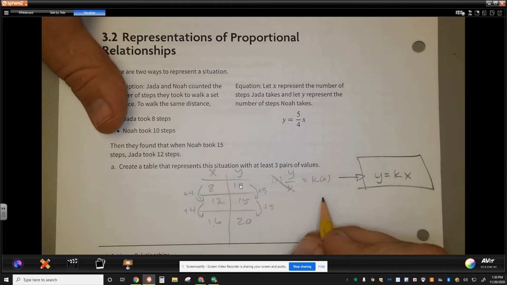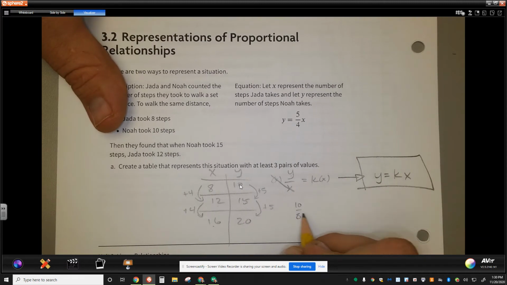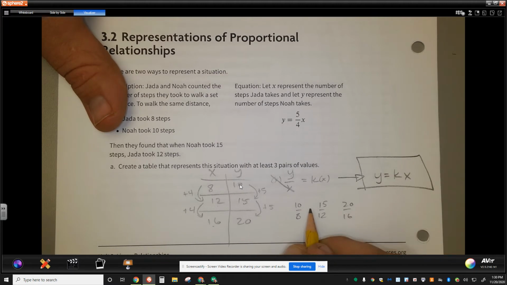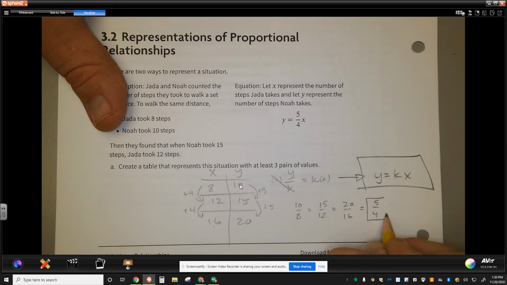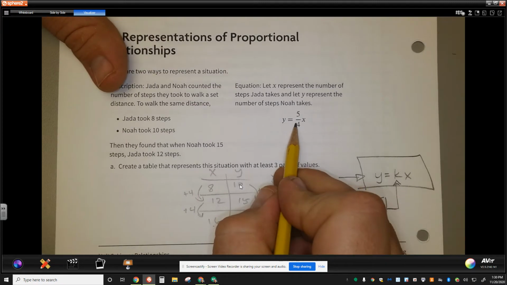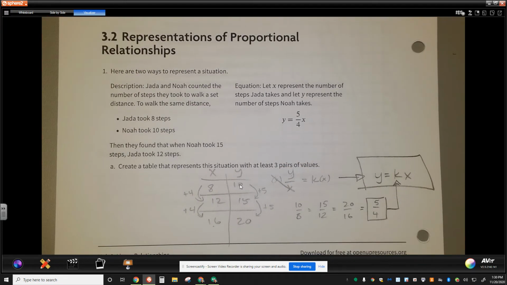So we can look at these directly and we can see that 10 eighths, 15 twelfths, 20 sixteenths, all of these values are proportional because they all equal 5/4. And we want that simplified version to tell us that this value is our value for k. And that's what gave us our equation y equals 5/4 times x.